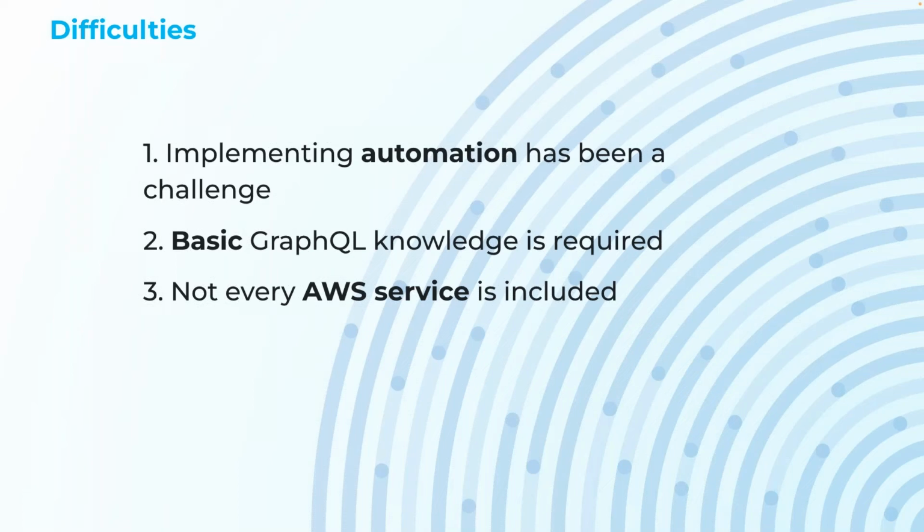Realistically, all of the major ones are, but if you have a bit of a niche need to, I don't know, start a quantum ledger database, you don't expect this to be scanned. However, I'm sure if enough people ask for a particular service to be scanned, they might add it in the near future in further releases.